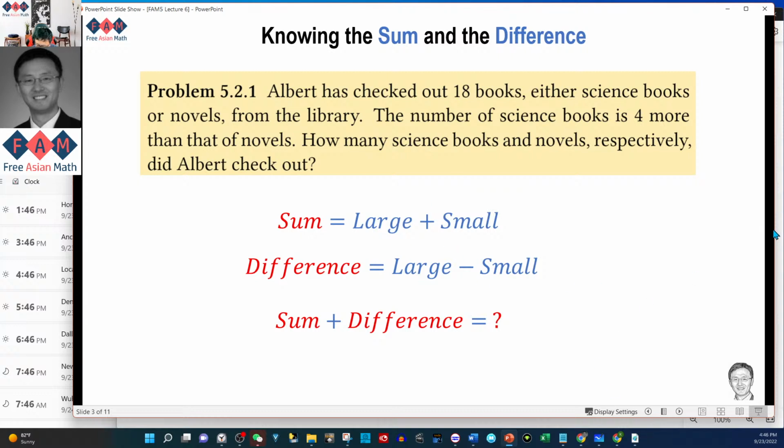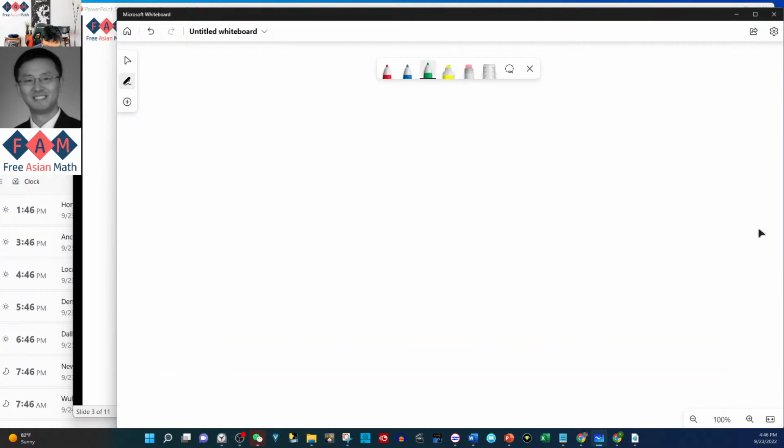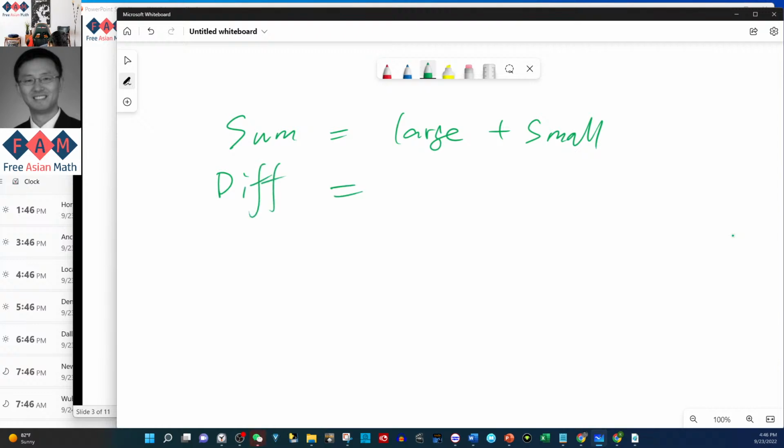With this relationship, you should be able to clearly see that sum equals large plus small, and the difference equals large subtracting small.